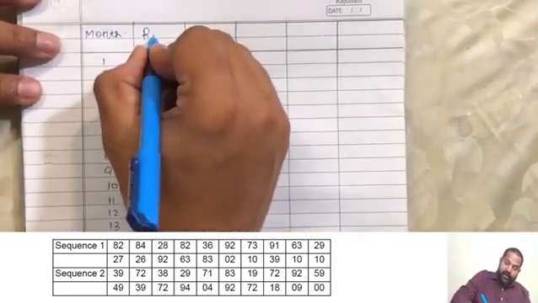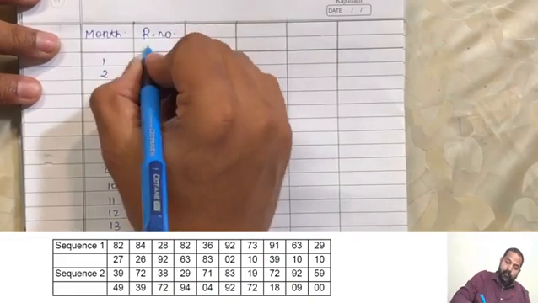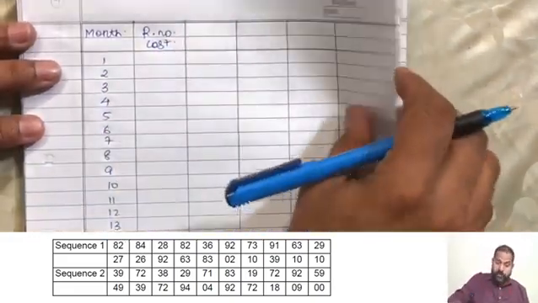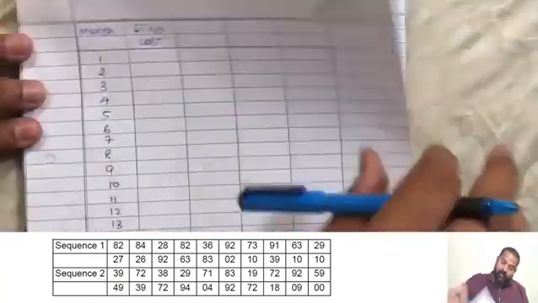After that, I have random number for cost. Cost is given to us first. Yes.